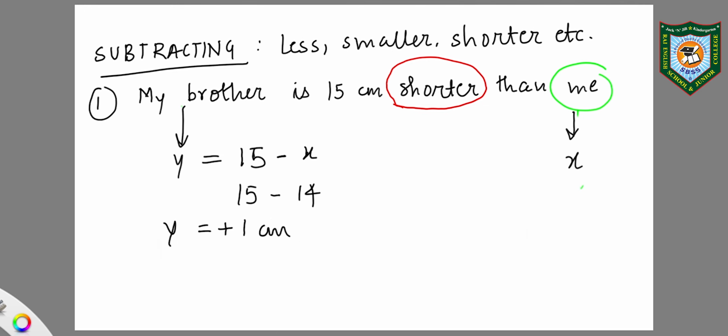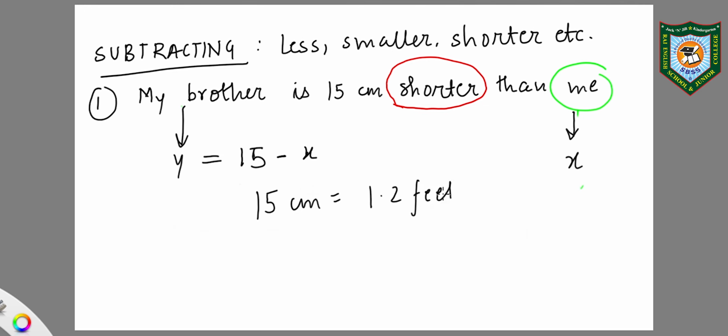So that means x has to be greater than at least 15, because 15 centimeters is equal to at least 1.2 feet. But as we know, all humans have an average height of at least 5 feet. So whenever I solve problems related to shorter, I need to write the value that is greater.